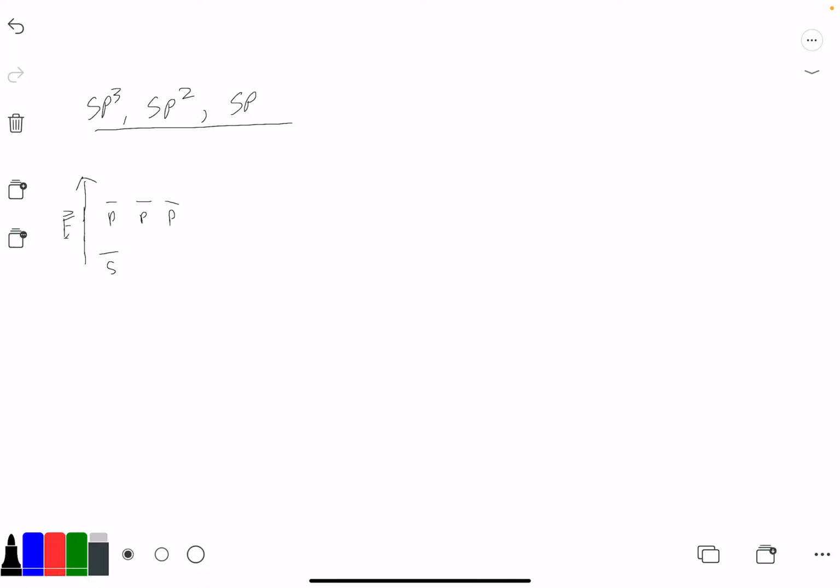What happens is these orbitals rehybridize to give you four new hybridized orbitals that are now sp3. And if you notice, these are lower in energy.